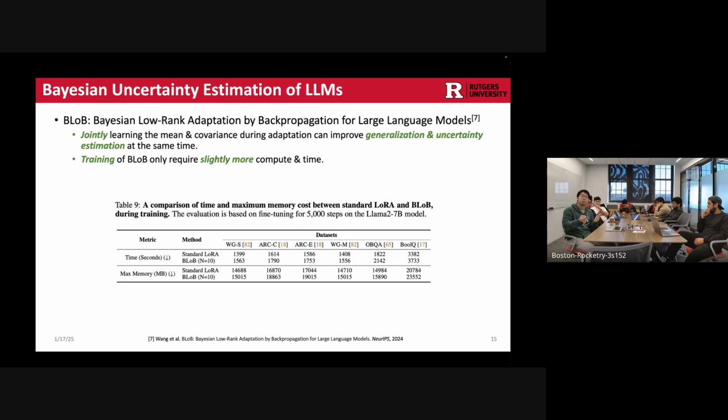But the bad thing here is that for the generation task, the traditional uncertainty estimation technique that we develop for classification does not work that well.